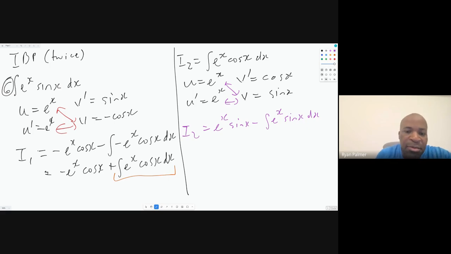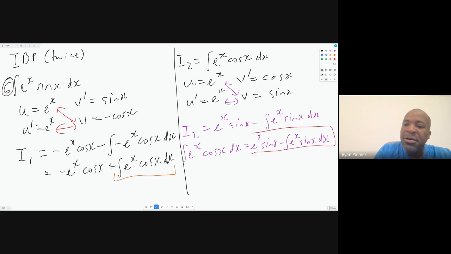What we're going to do now is recognize that I2, which is the integral of e to the x cos x dx, is equal to e to the x sine x minus the integral of e to the x sine x dx. So all of this will migrate to here.